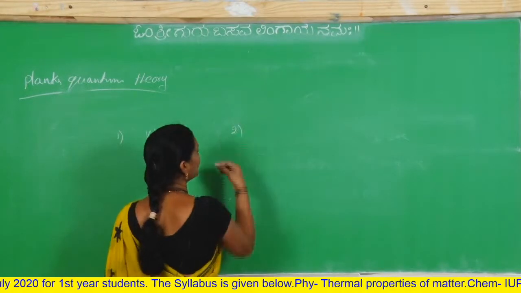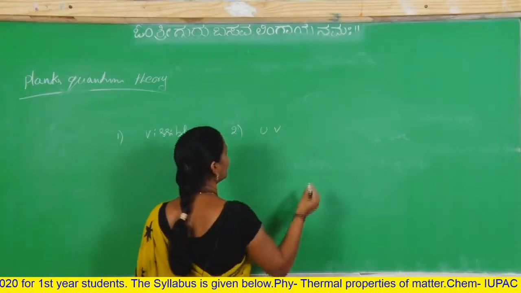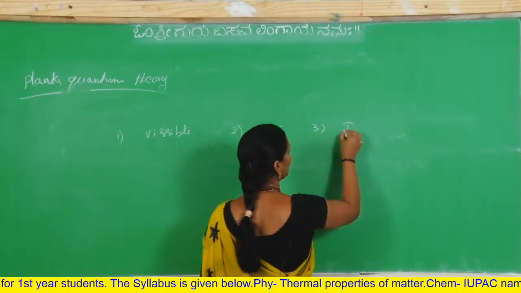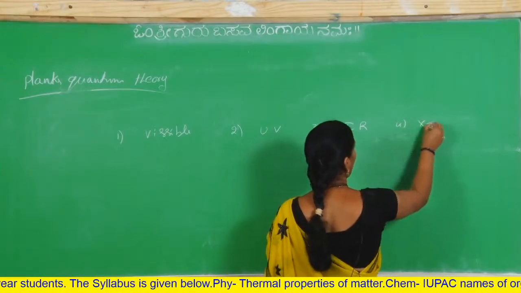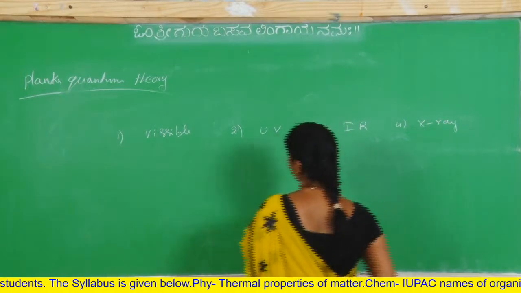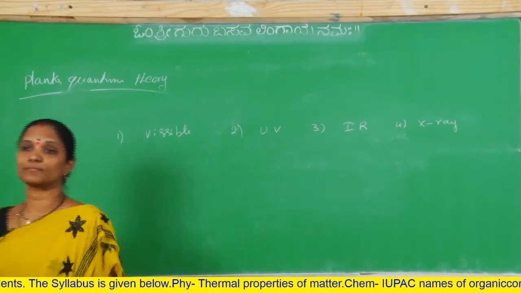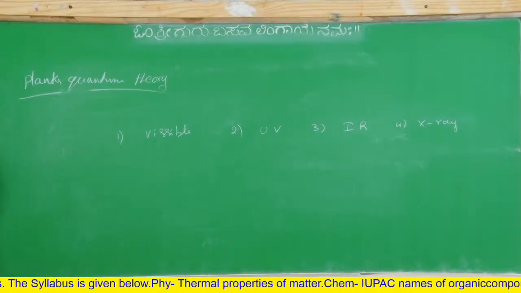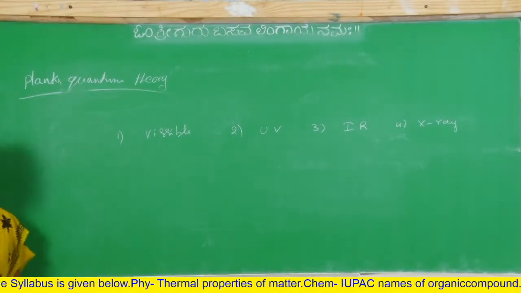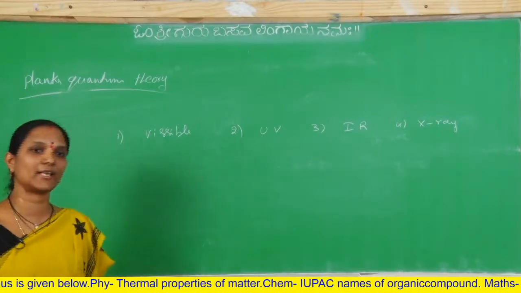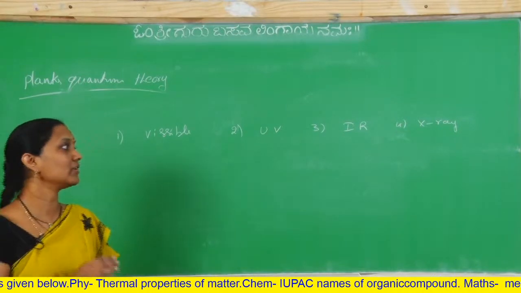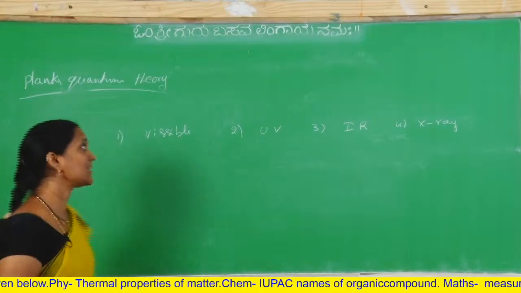Second one, UV. Third one, IR. Fourth one, X-rays. Electromagnetic radiation with the highest energy. Options are given. Which is the correct option? Highest energy.